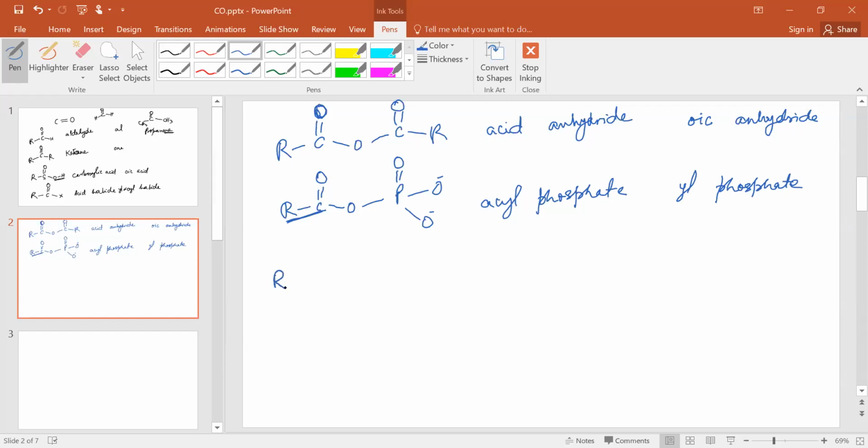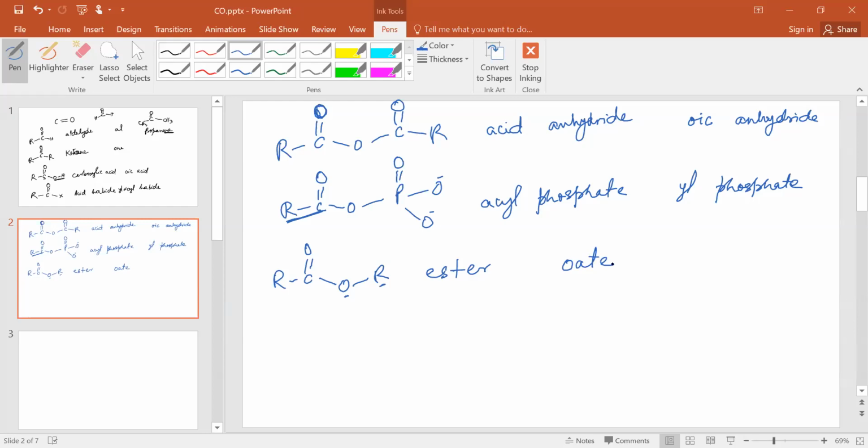Another very common one that has the carbonyl functional group is where oxygen is attached with an R group or carbon. This is an ester, and we'll talk about this one. In nomenclature it ends with "oate".